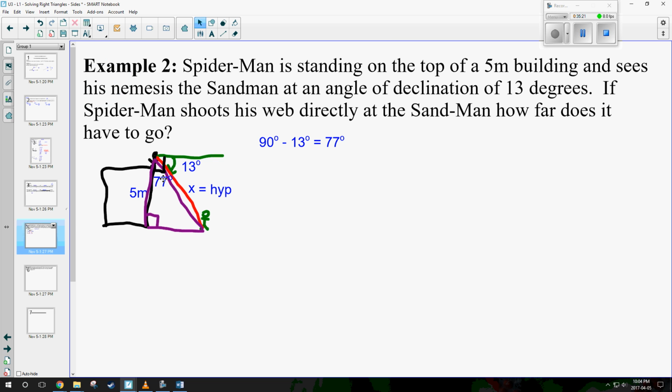So this angle inside this purple triangle is 77 degrees. Now that we know that's the angle we're going to be using, 5 meters is alongside that angle, so we know that 5 meters is our adjacent side.